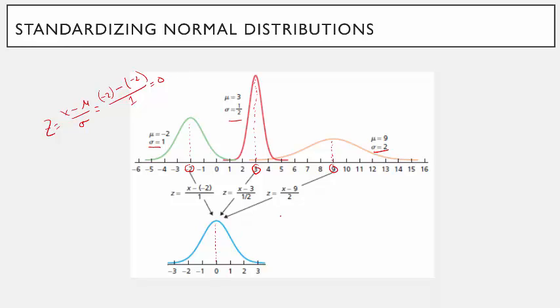So this formula transforms the variable x, the random variable x, into a standard normal variable, this z variable.